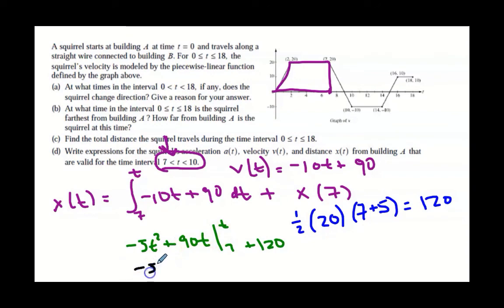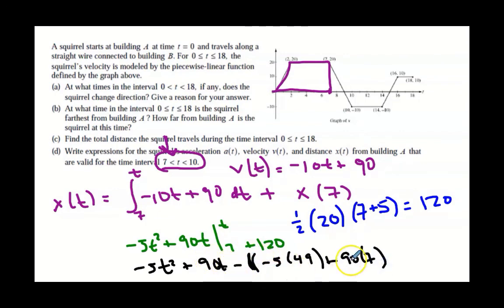So I get negative 5t squared plus 90t, and then subtracting out negative 5 times 7 squared, which is 49, plus 90 times 7.